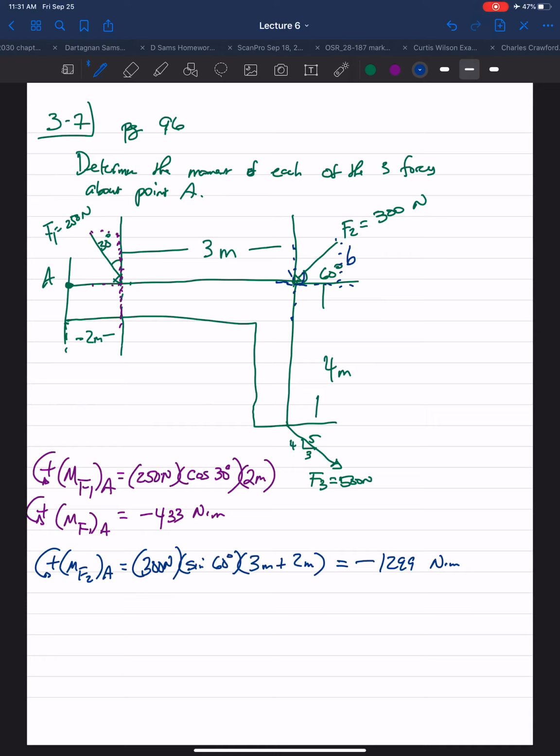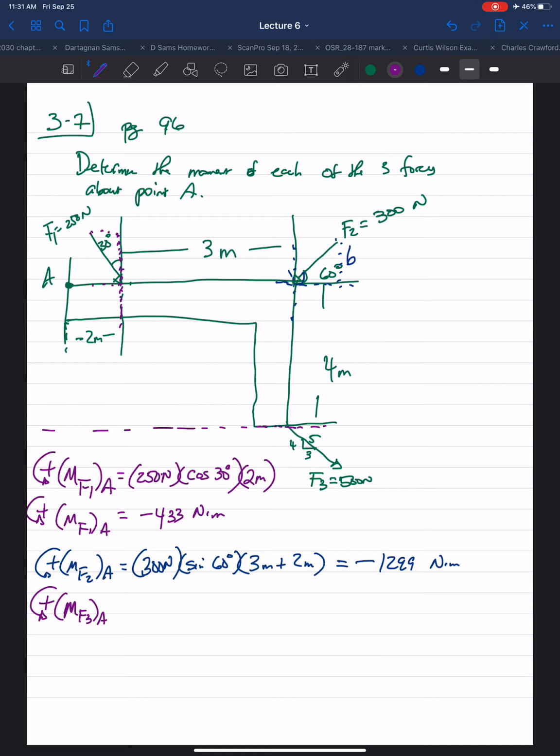Last but not least, the moment caused by F3 about point A. So F3, once again, has a vertical and a horizontal component given to you. The angle there is given to you by a 3-4-5 slope triangle. So the horizontal component, which is the 3/5 ratio, this is the line of action of that.